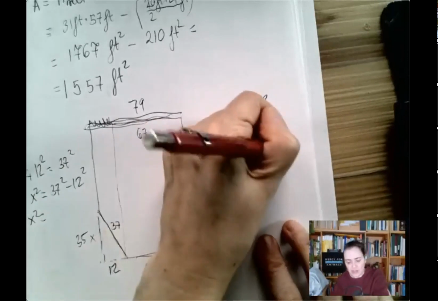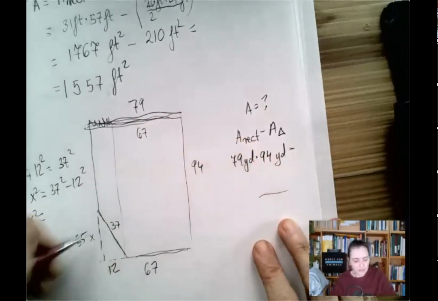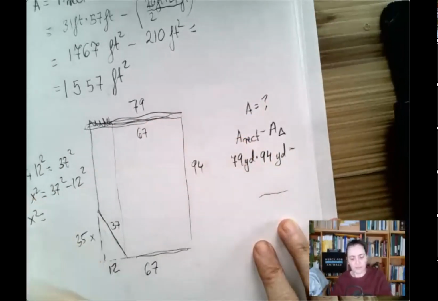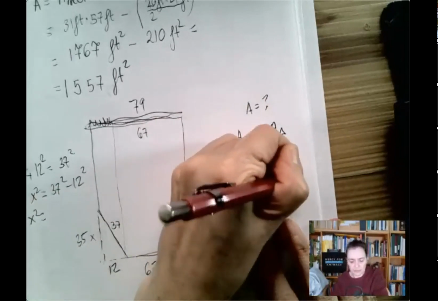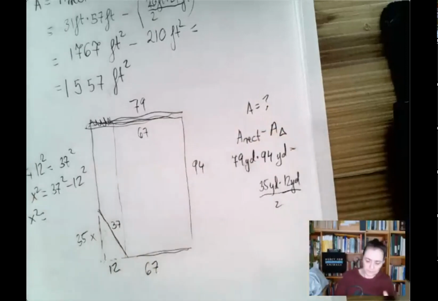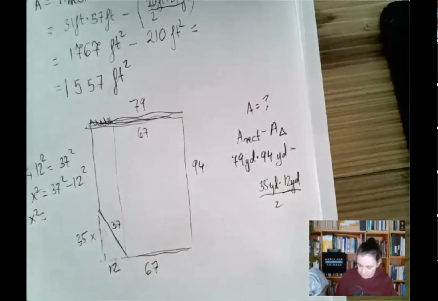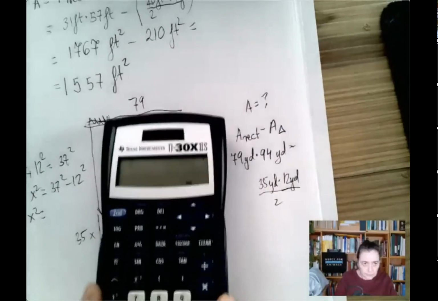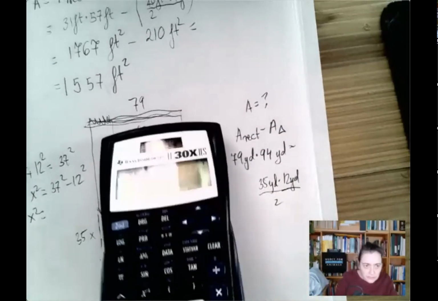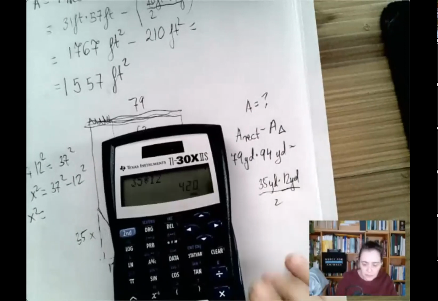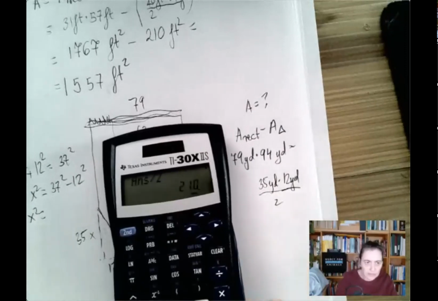And so now we know that the triangle's area is going to be 35 yards times 12 yards over 2. Thirty-five times 12. This is terrible. Over 2 is 210.